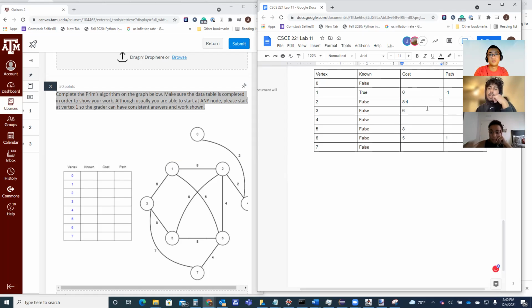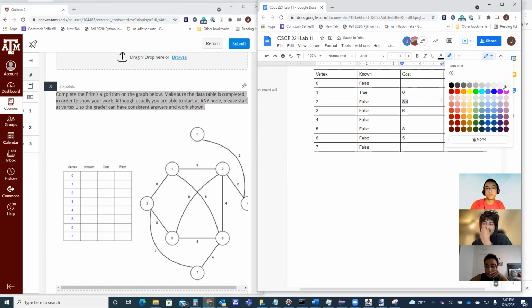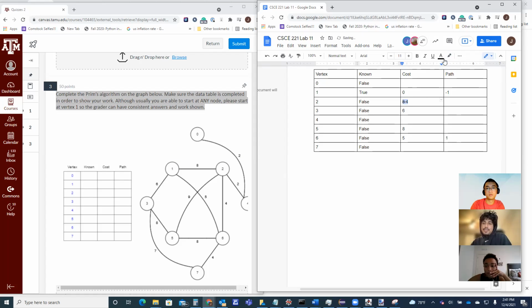It might be easier to highlight it in red than do strike through. Oh, that's a bit bright, maybe a different color. Pick the light one, like in the third row, second from the left.